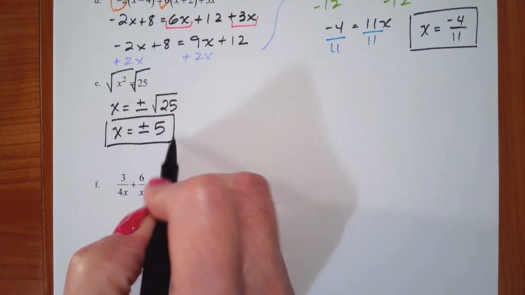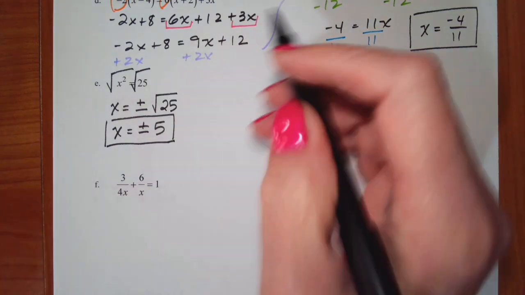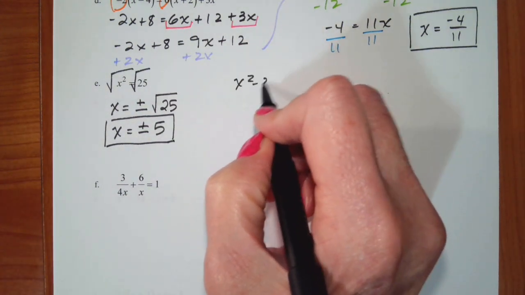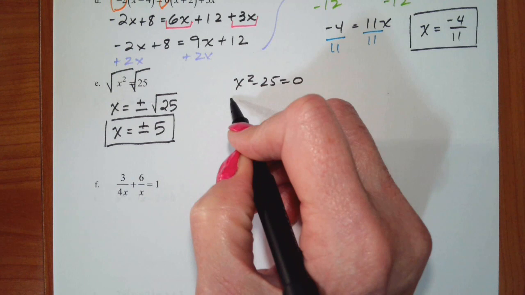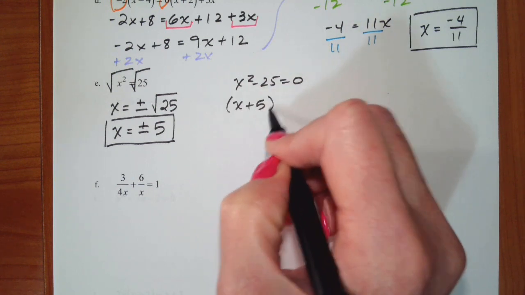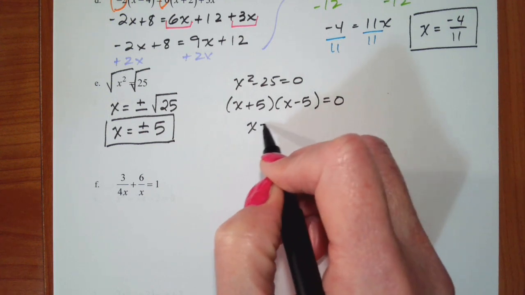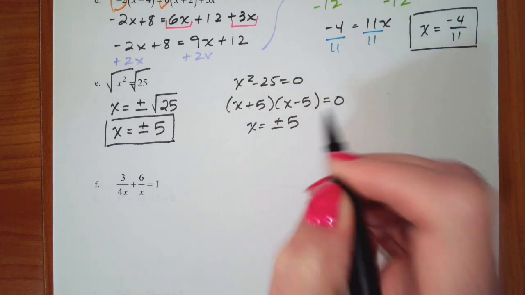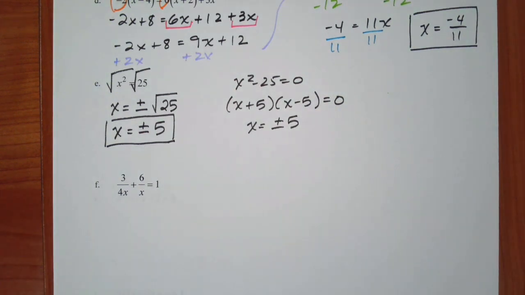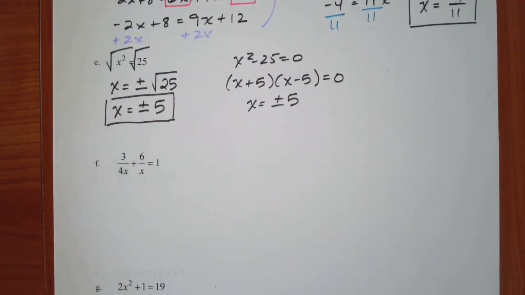If you're not comfortable with this, set it equal to 0. That would give you x squared minus 25 is equal to 0, which factors into x plus 5 times x minus 5 equals 0. So x is equal to positive or negative 5. Either way is fine, whatever you want to do with it.